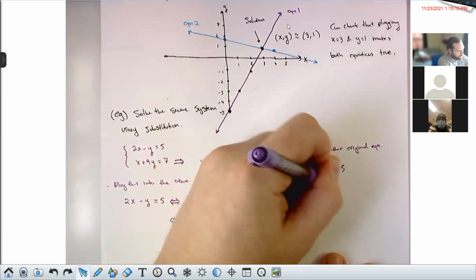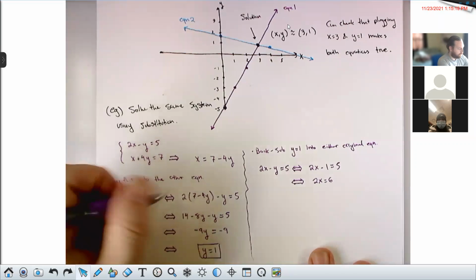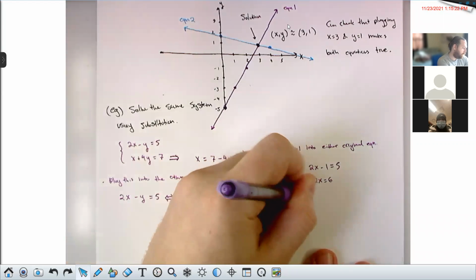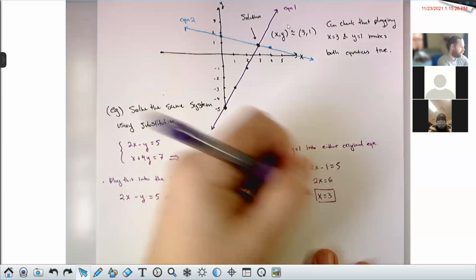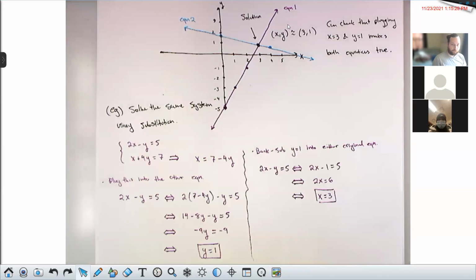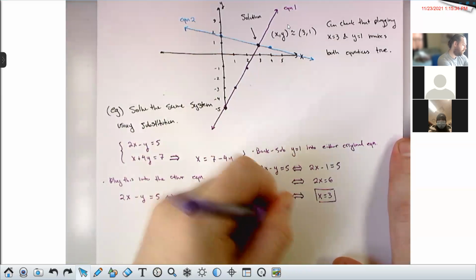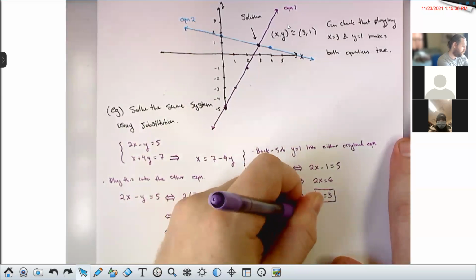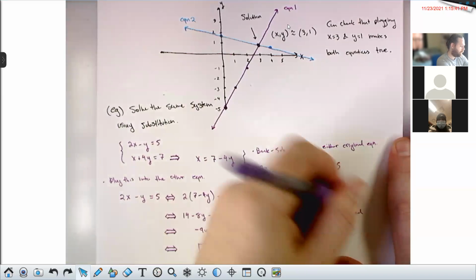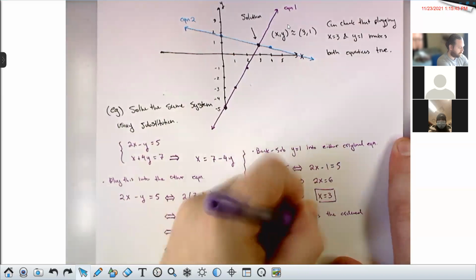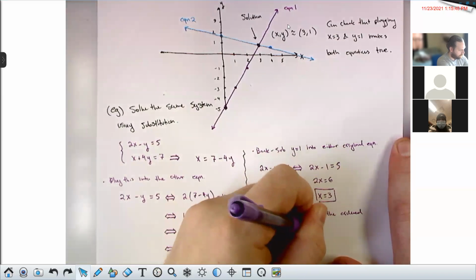Adding the 1, I get 2x equals 6. And then dividing by 2, I get x equals 3. Okay, so we do arrive at the solution. Therefore, the solution is the ordered pair (3, 1), right? x, y, where x is 3 and y is 1.